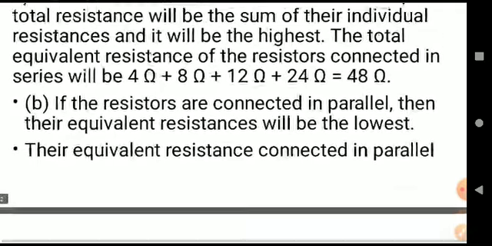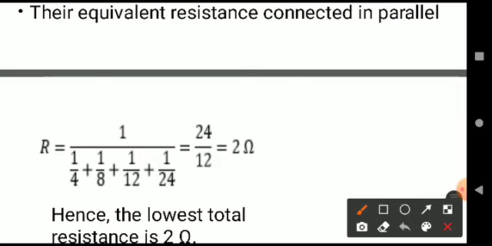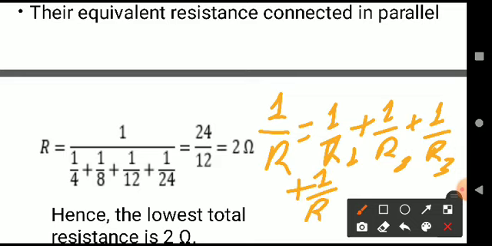The equivalent resistance of resistors connected in parallel is given by the formula 1 by R is equal to 1 by R1 plus 1 by R2 plus 1 by R3 plus 1 by R4.